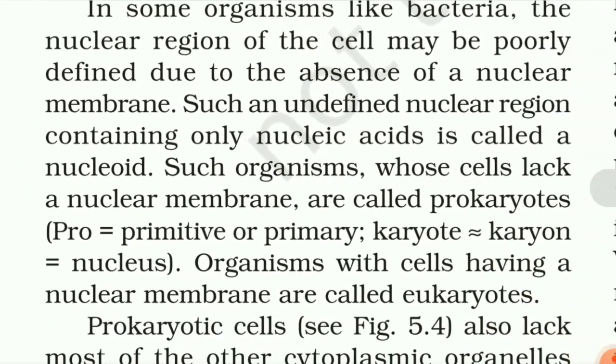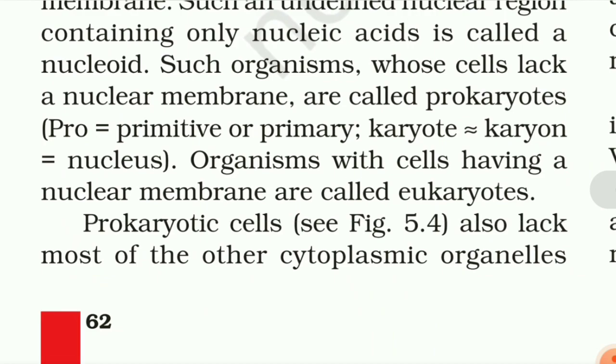So what they're telling here is, in organisms like bacteria, the nuclear region may be poorly defined due to the absence of the membrane, and such an unidentified nuclear region containing only nucleic acids is called a nucleoid. Okay, remember that. And I'll tell you about eukaryotic and prokaryotic in an easier way.